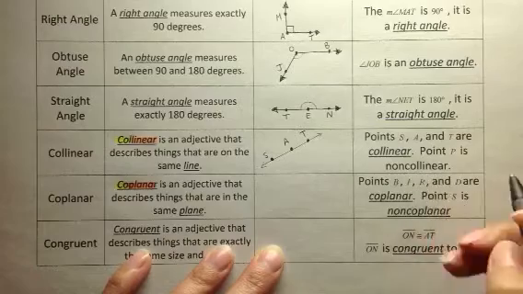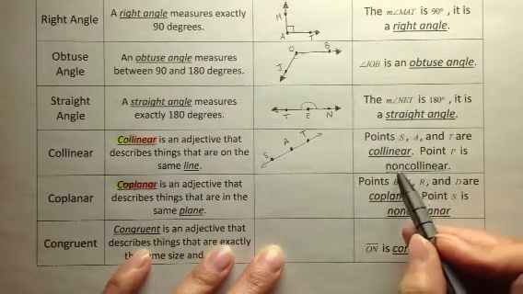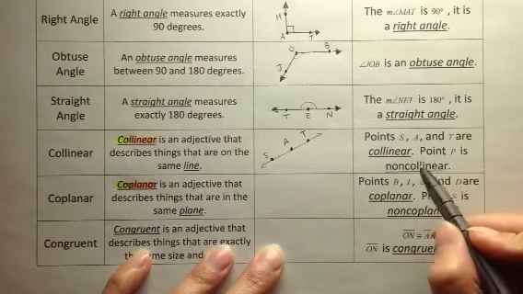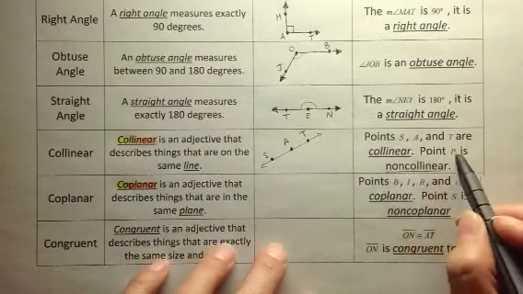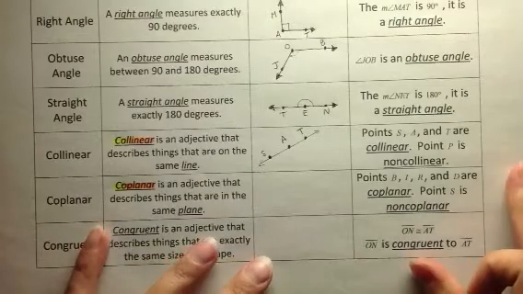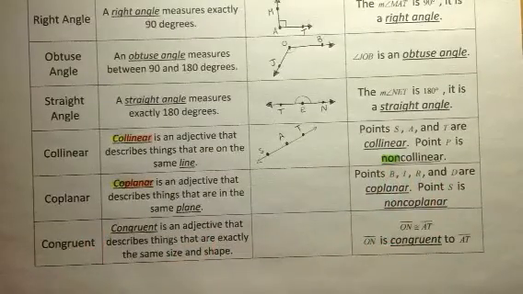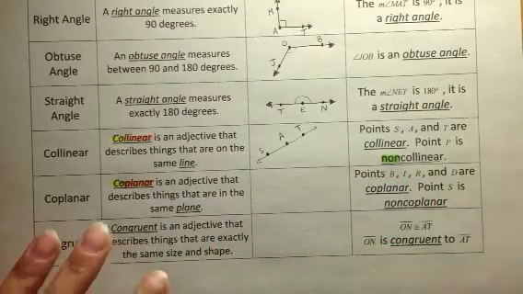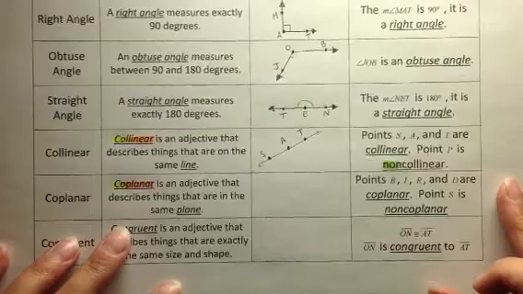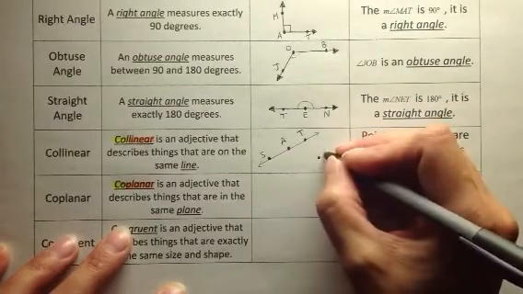Now, I used another word here, non-collinear. It says point P is non-collinear. So non means not. So I'm saying it's not on the line with S, A, and T. So, for example, I could put point P here.